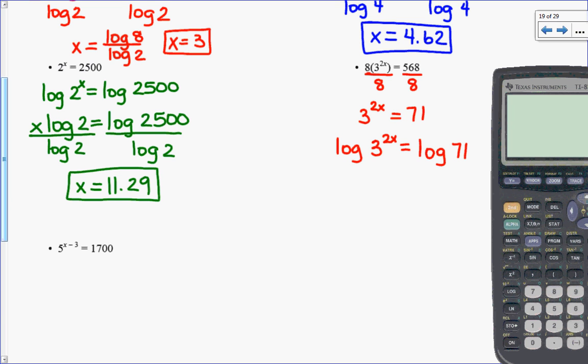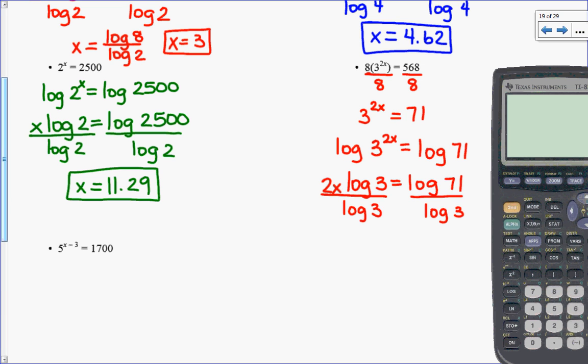Okay, again, I'm going to bring my 2x down using the power law of logs. So 2x times log 3 equals log 71. So again, I'm going to divide the left side by log 3, divide the right side by log 3.